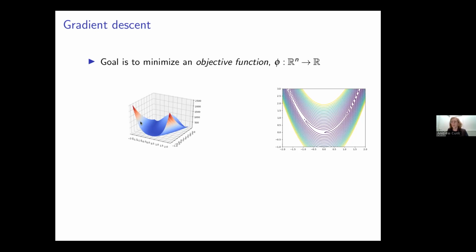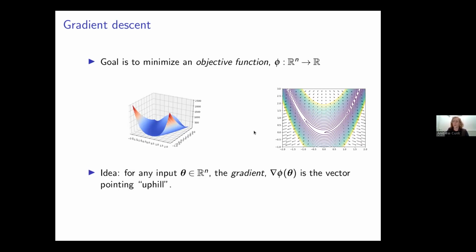Gradient descent is aiming to find what inputs give the smallest output. On the right I've got the contour plot of the same thing. In the middle we have the locus of minima, and as we get closer to the yellow regions, we're getting further and further away from our optimal parameters.